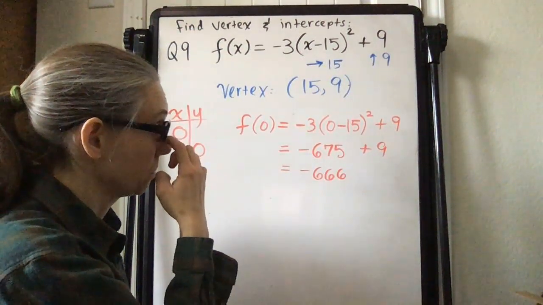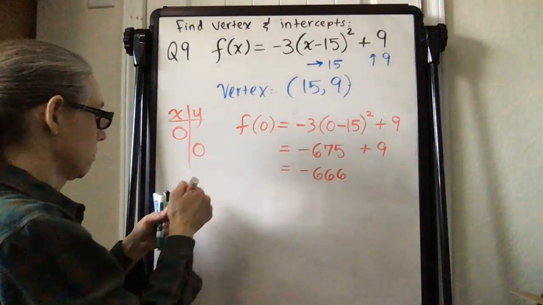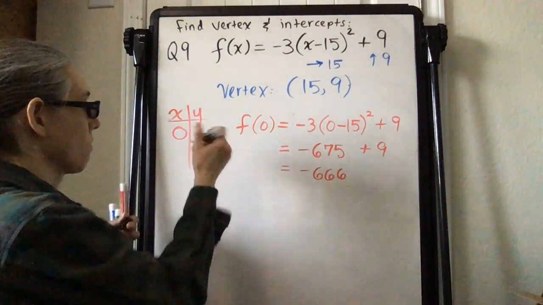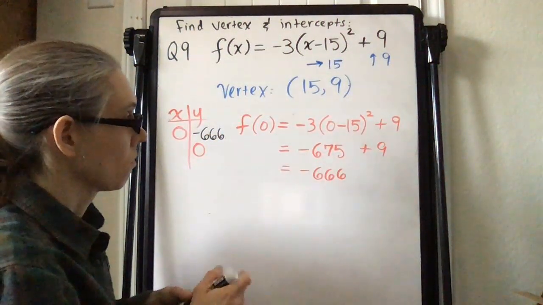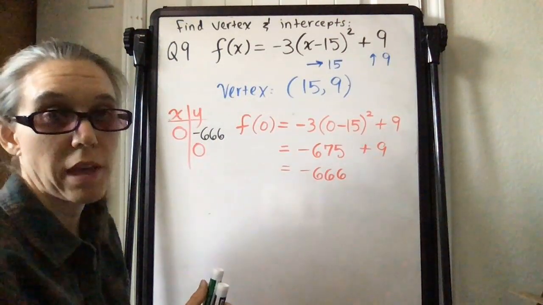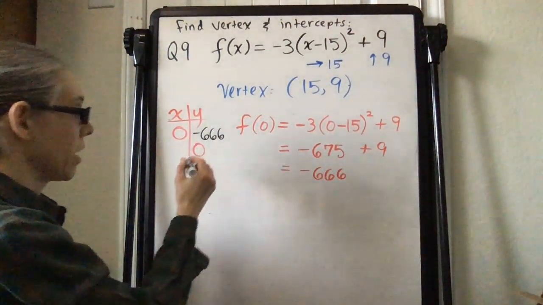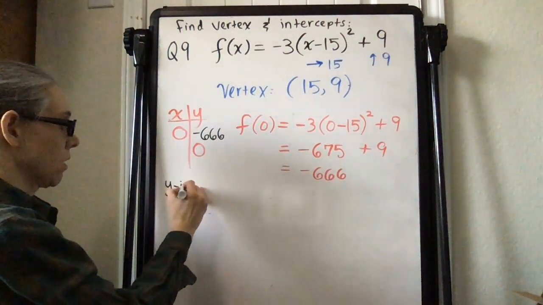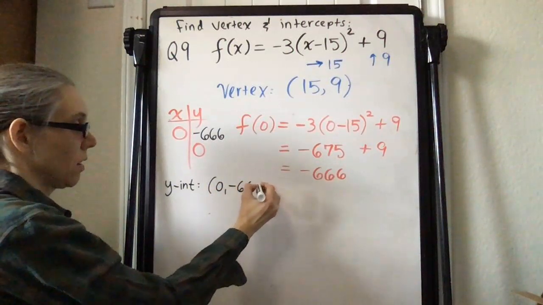Right. It's a good thing we're not going to graph this one. Okay, so that would be the y-intercept. So the y-intercept then is at 0, -666.